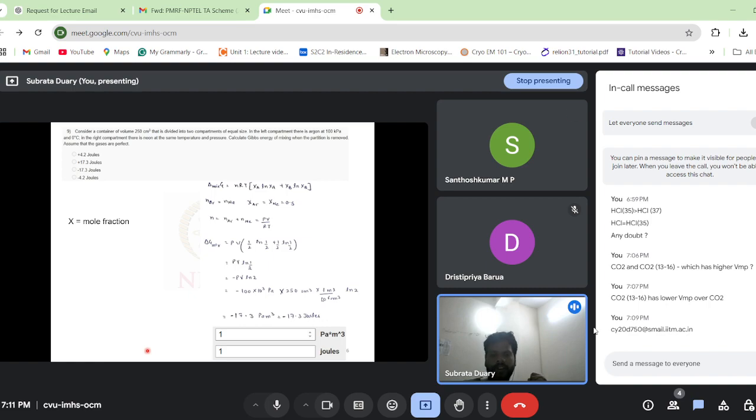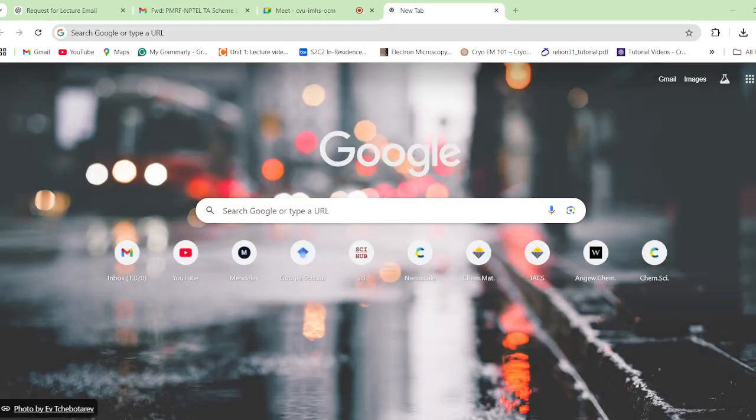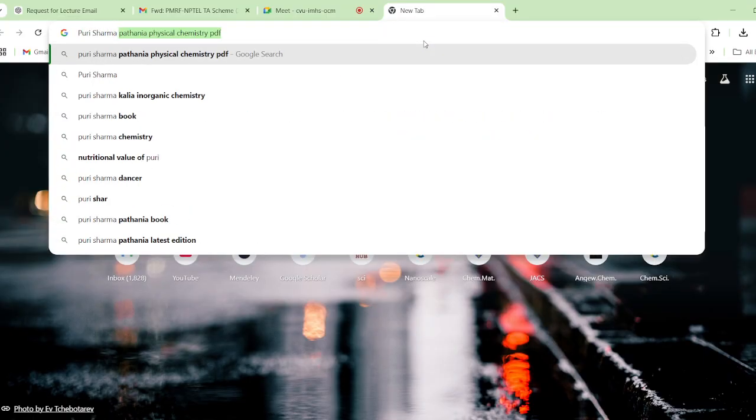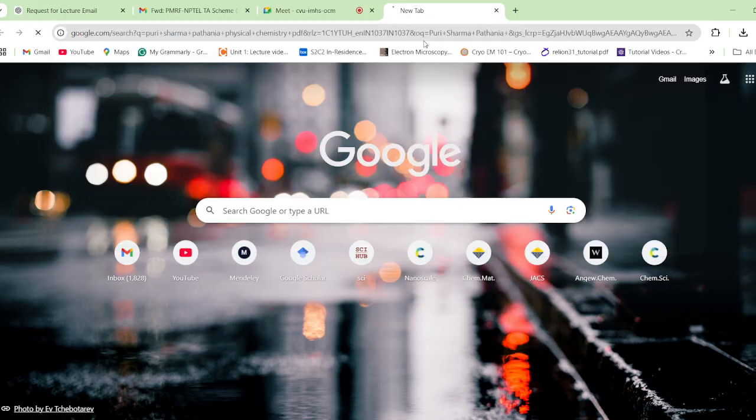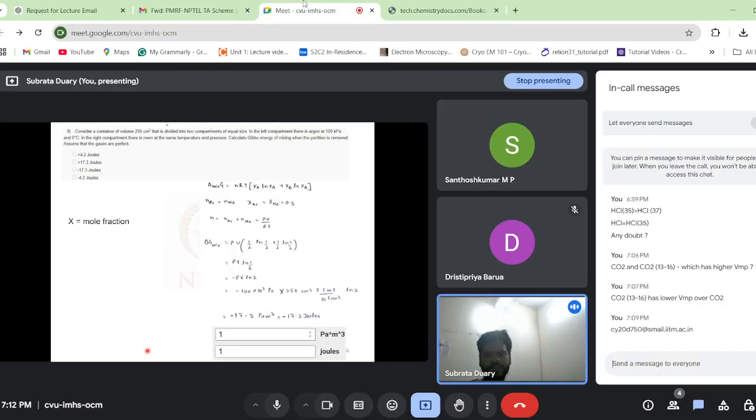Let me search whether the PDF is available. Yes, the PDF is available. He is an Indian author, probably from Odisha or something like that. His book is really nice, and it covers everything CSIR NET GATE people need.